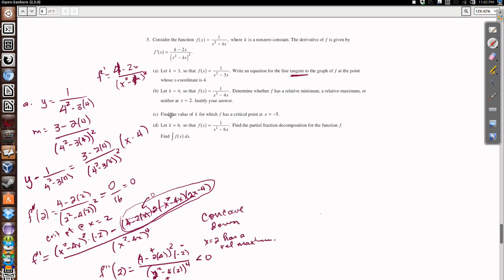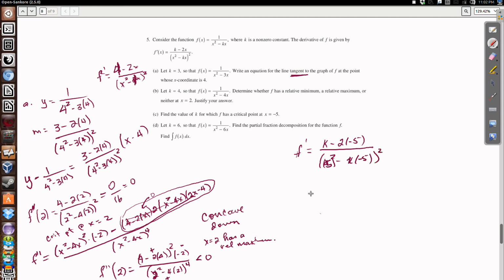For part C, it says find the value of k for which f has a critical point at x equals 5. So now I know that f prime has got to be k minus 2 times negative 5 over negative 5 squared minus k times negative 5 squared.